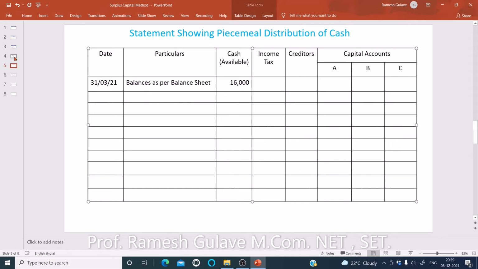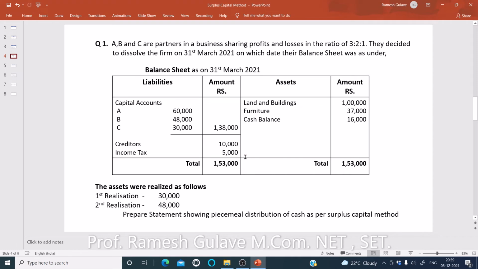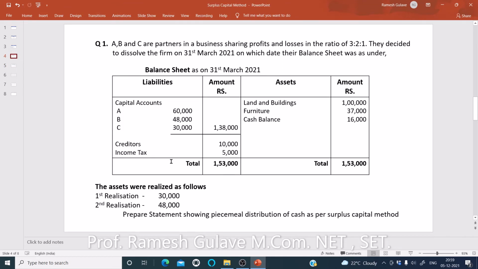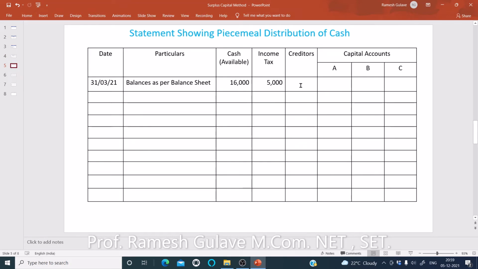As we all know, the amount of income tax given in the question is rupees 5,000. So here we'll record the amount of income tax as rupees 5,000. Then we have to record the amount of creditors. The amount of creditors is 10,000. So in this statement we'll record the amount of creditors as 10,000.